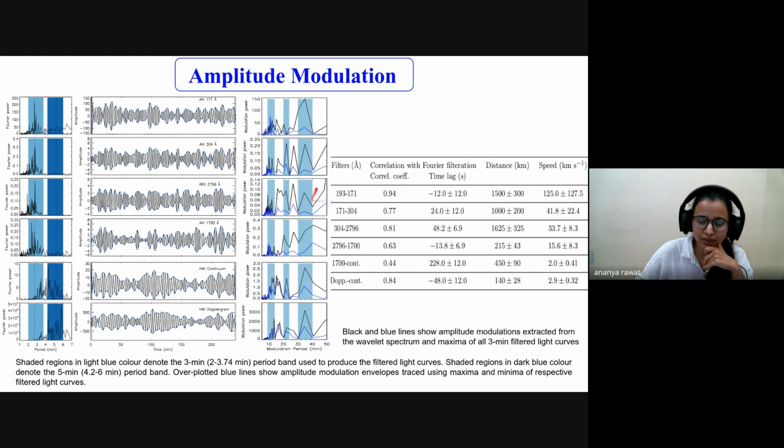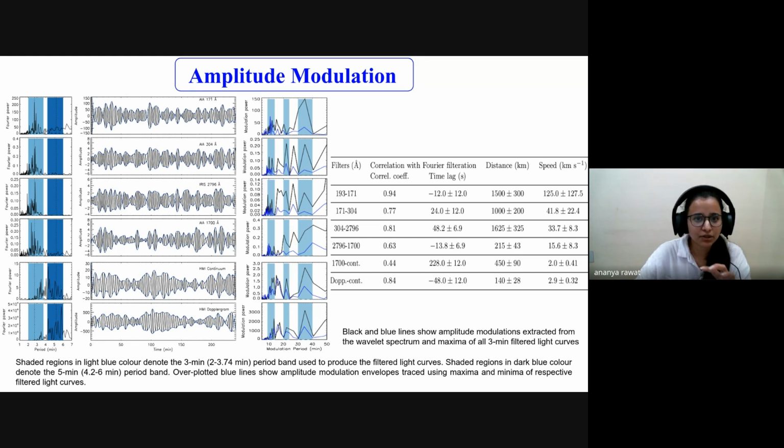We know the distance between these passbands, and we determined the speed of these waves, and the speed was less than the speed which we expect at that atmospheric height. So we know that from the photosphere to the corona, we are studying 3-minute slow magnetoacoustic waves.